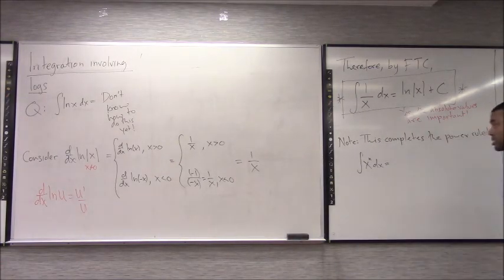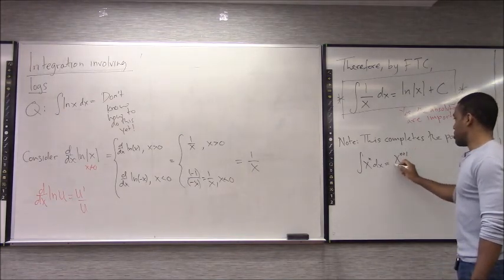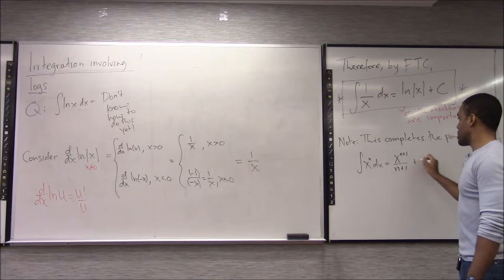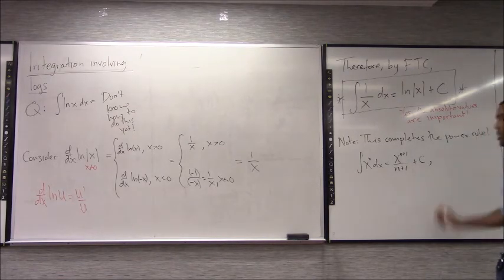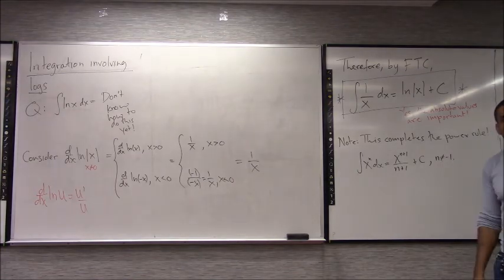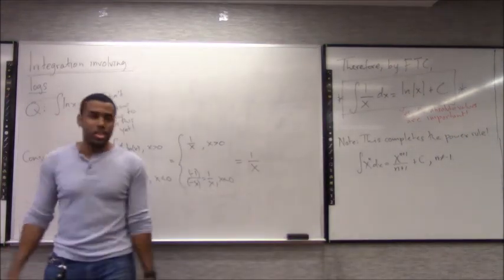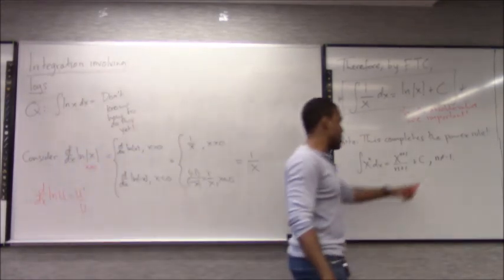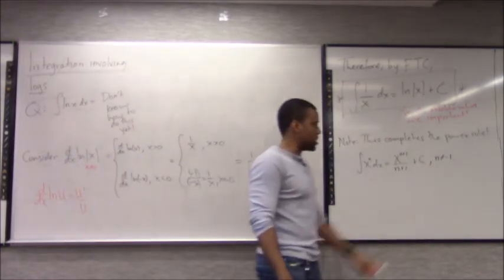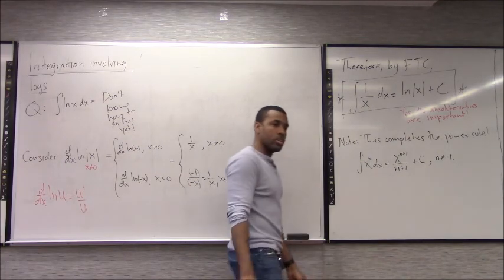Well, it's x to the n plus 1 over n plus 1 plus c. But there was always a little comma here that says for n not equal to minus 1, right? That rule was all powerful for any power function of x, except for this one value. Why? Because you divide by 0 at that value.